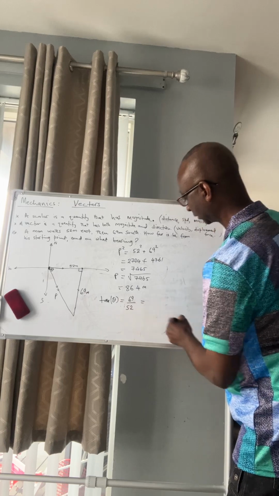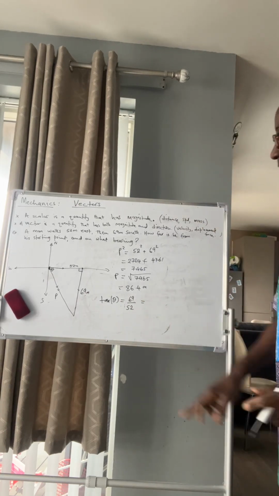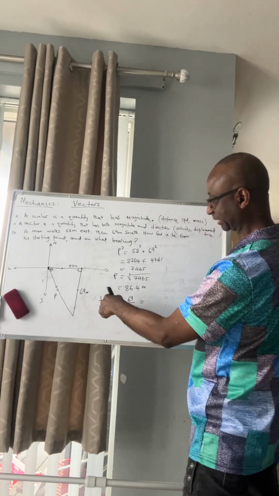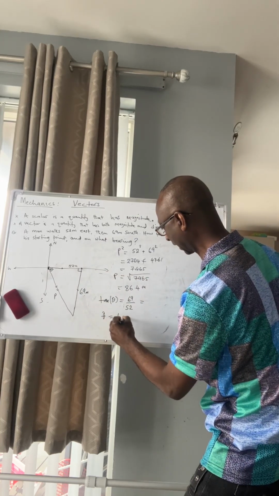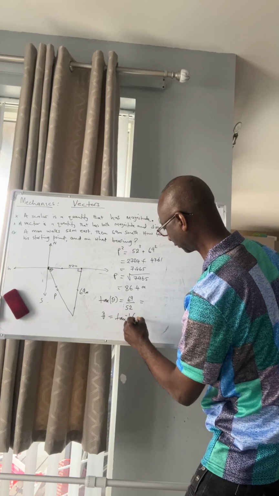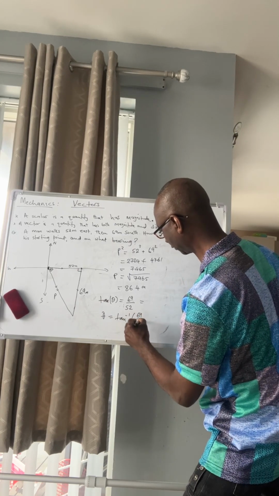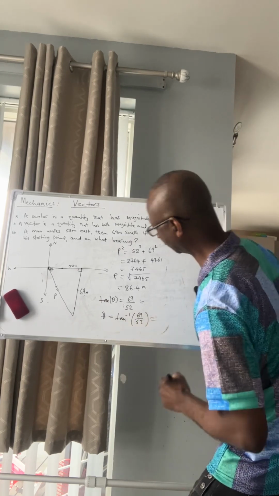But you want theta, not the tangent. You want this angle. So theta is equal to the arctan of 69 all over 52.